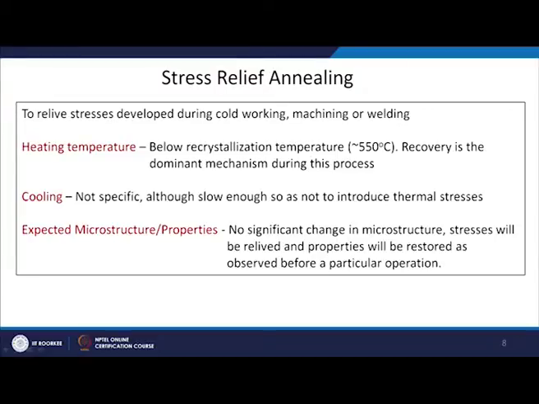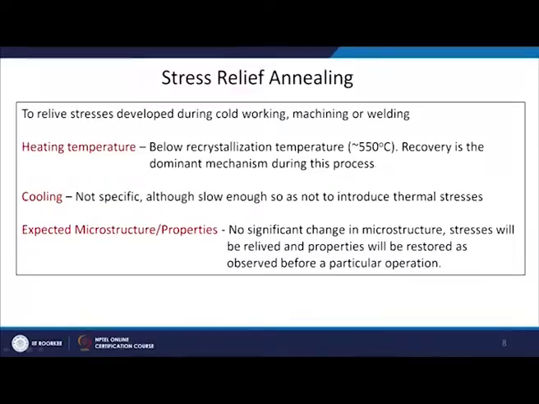It is done below the recrystallization temperature, at around 550 degrees Celsius for plain carbon steel. Recovery is the dominant mechanism during this process. This recovery also we will see when we discuss mechanical properties. Cooling again is not specific because we are not doing any phase transformation, although it should be slow enough not to introduce any thermal stresses.